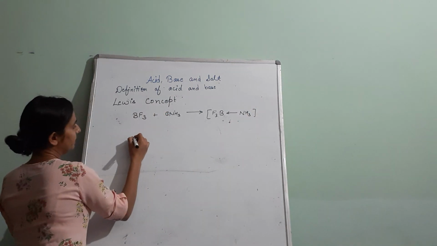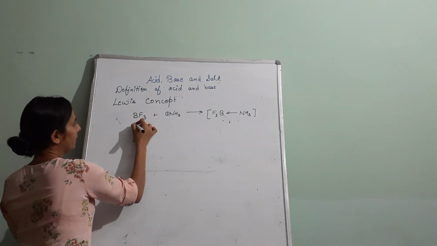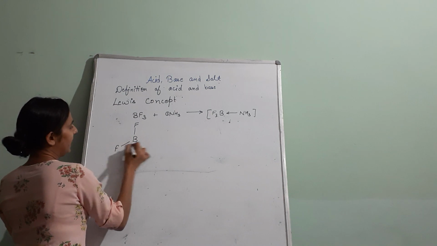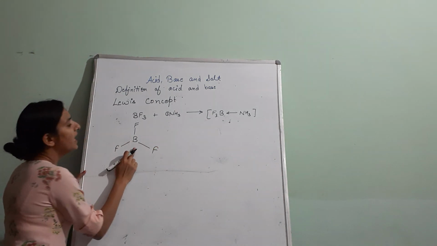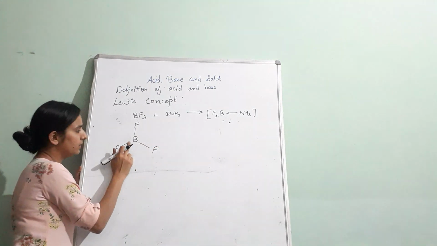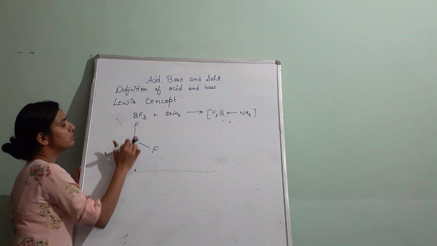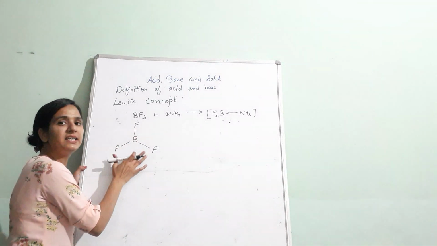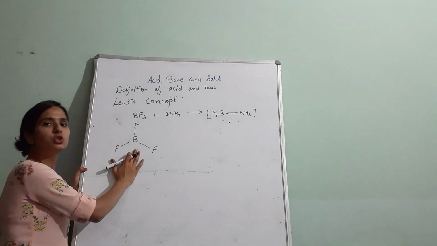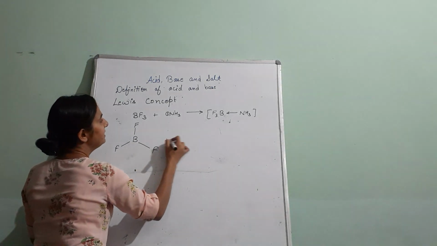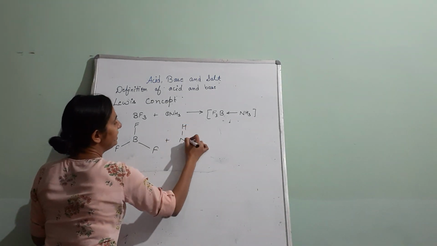As you observed, there are only 6 electrons here, 2 in each bond. For completing its octet, boron needs 2 more electrons.